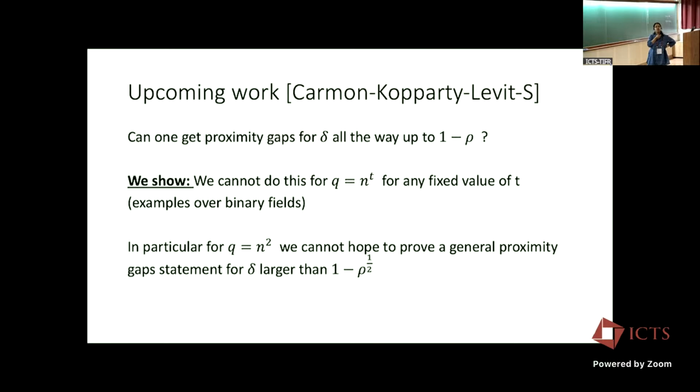Yes, we show the explicit counterexample. So this is showing that you can't hope to get a general statement. I'll give you a specific field and a specific S, and I'll create specific polynomials G and H, which violate the proximity gap statement. These will be over binary fields. Over large characteristic fields, I don't know this statement.